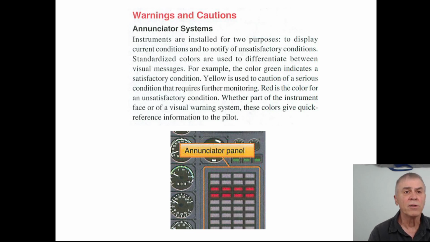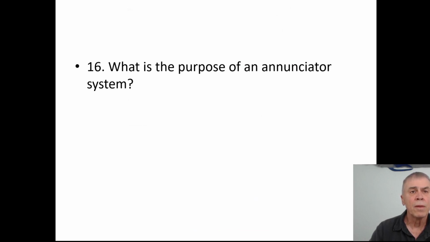And red is the color for an unsatisfactory condition. Whatever part of the instrument face or of a visual warning system, these colors give quick reference information to the pilot. A little bit of a repeat from aircraft instruments also. But you might get an oral question in position and warning, so be ready.